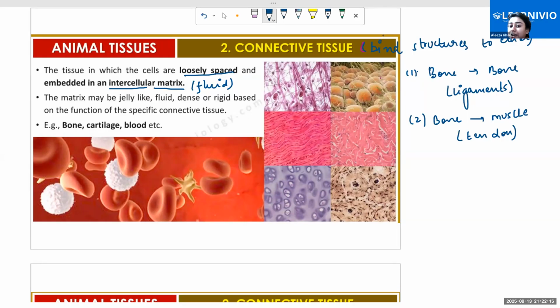Intracellular is inside. You are saying the same thing for both. Mohammed, what is the difference between intercellular and intracellular? I don't know, ma'am. Abdullah, what is the difference between intercellular and intracellular?